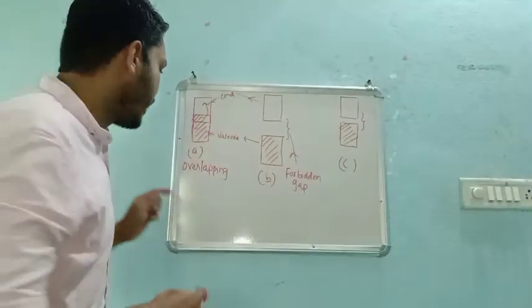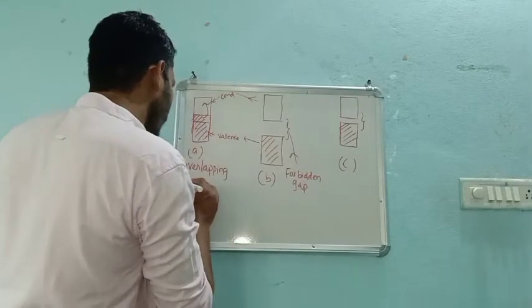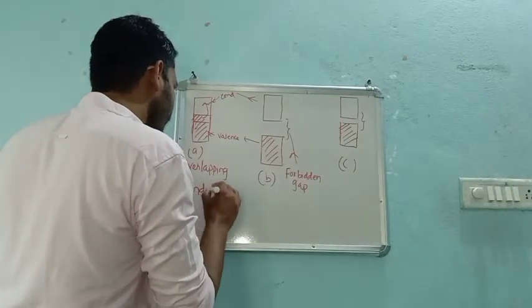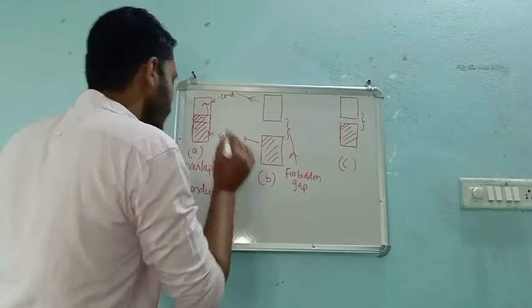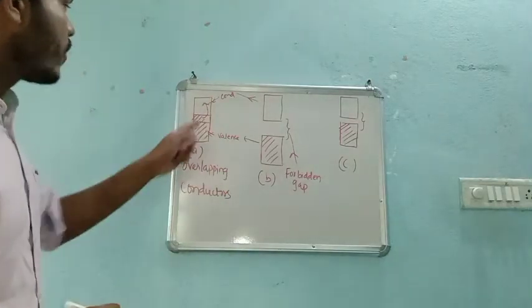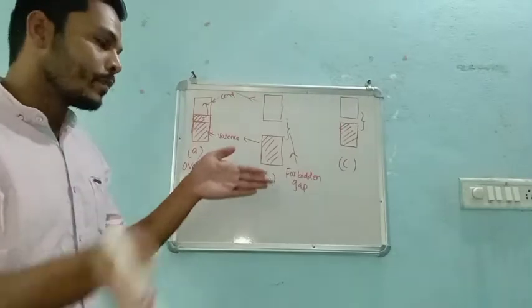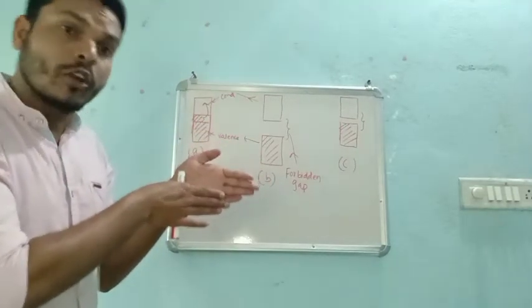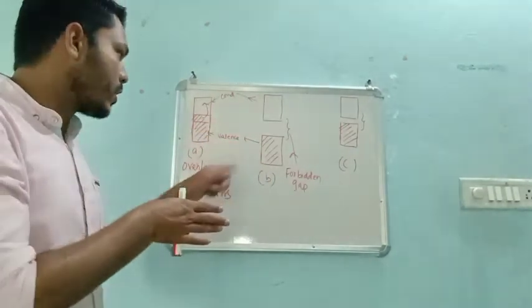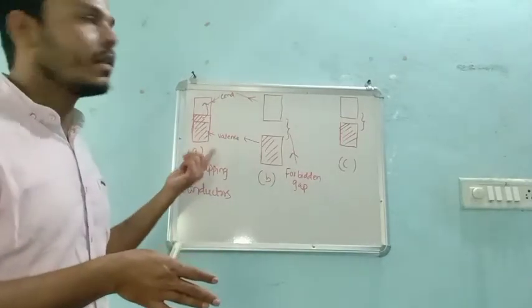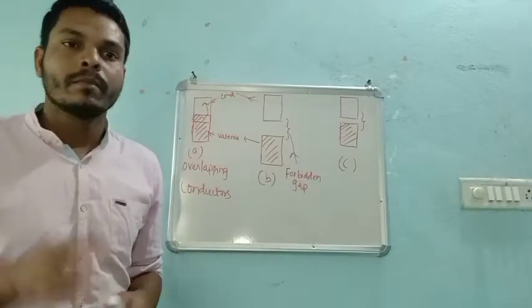That means A is an example of a conductor. In conductors, the arrangement of valence band and conduction band is like this. They are always overlapping, and because of overlapping, the electron moves very easily towards the conduction band.